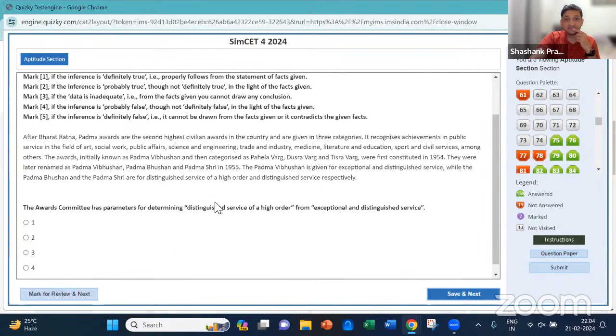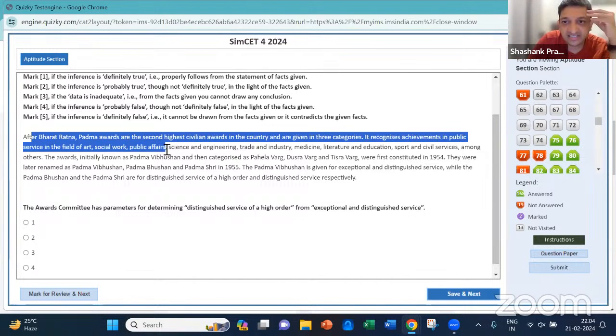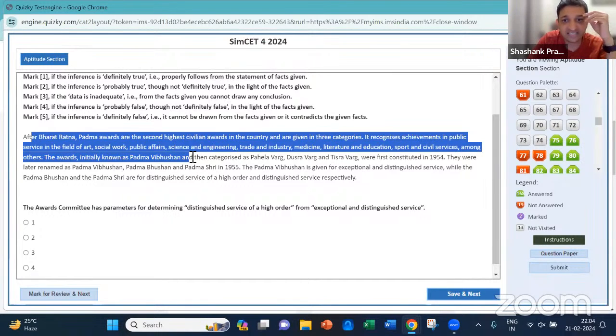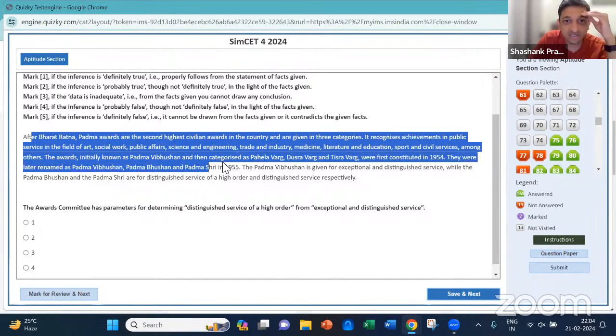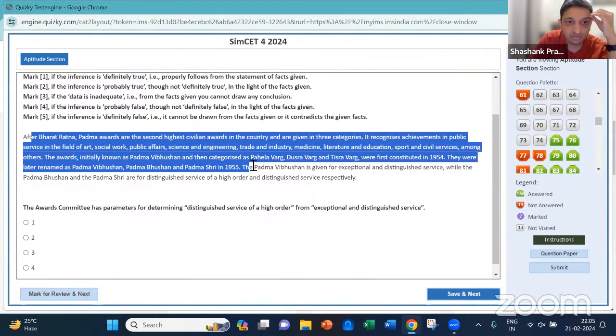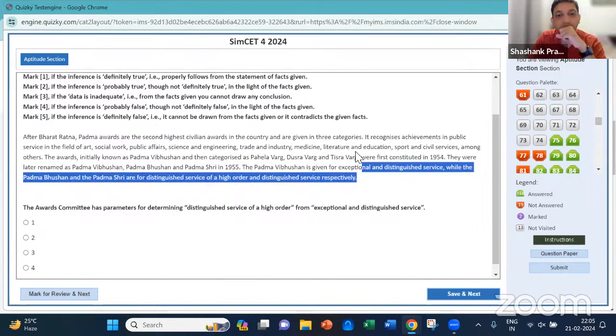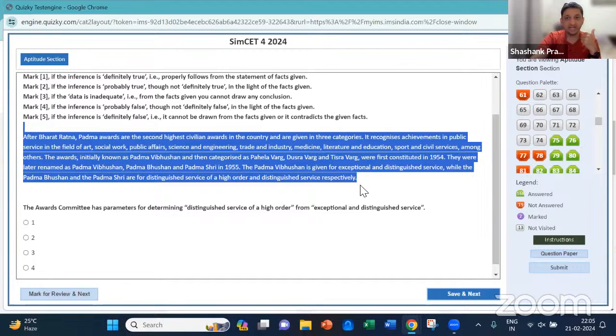Oh, this is difficult. Okay, I generally don't like probably true, probably false questions. Let's see. After Bharat Ratna, Padma Awards are the second highest civilian awards. Categories: public service, field of art, social work, public affairs, science, engineering, or Padma Vibhushan, and then categories पहला वर्ग, दूसरा वर्ग, and तीसरा वर्ग. 1954 पद्म विभूषण, पद्म भूषण एंड पद्मश्री. अच्छा, exceptional and distinguished service of a high order and distinguished service.